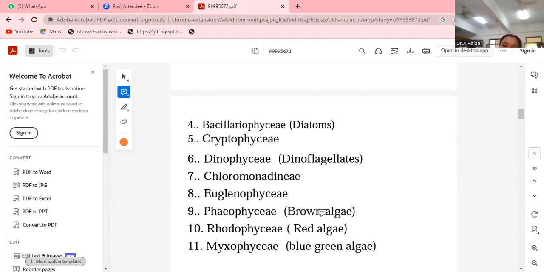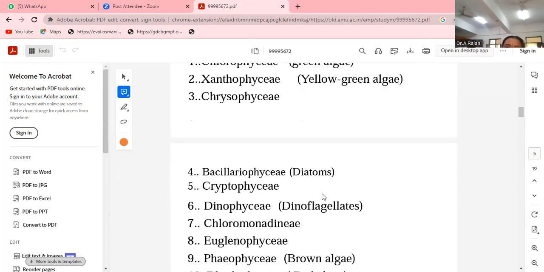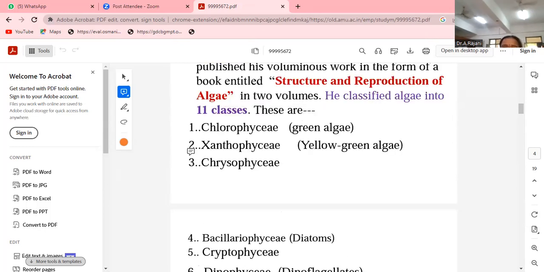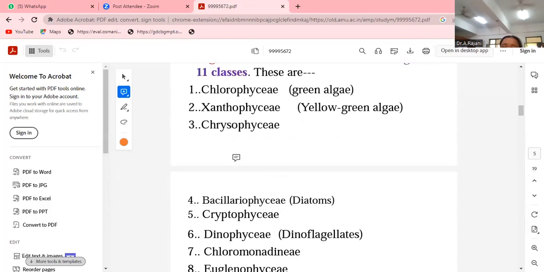Rhodophyceae is called red algae. Myxophyceae is called the blue-green algae. These are the 11 classes Fritsch divided the algae into. But in your degree standard, you have to study only Chlorophyceae. Yes or no? In the Chlorophyceae, the types are Volvox, Oedogonium, Para.